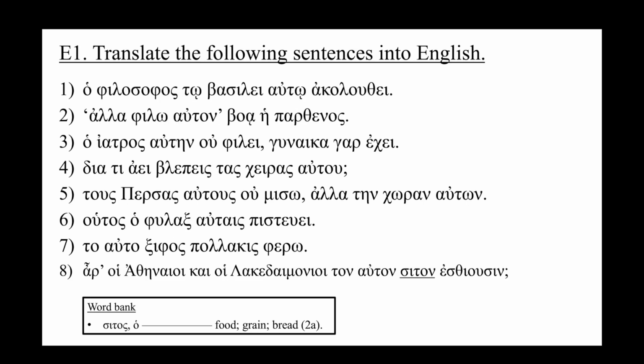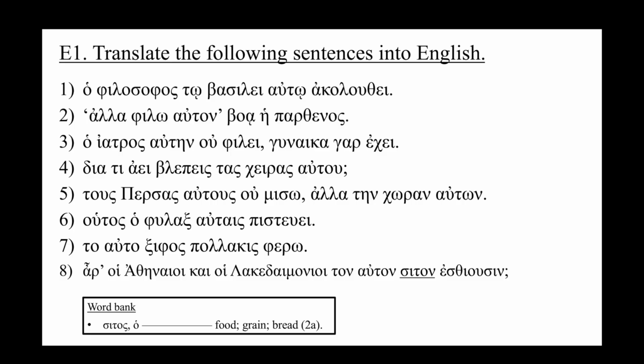Okay, I have created 8 Greek sentences for you to translate into English. The 8th sentence contains just one new noun, which I've glossed for you in the word bank. But you will now be able to translate these sentences with what I've taught you about αὐτός. Each of these sentences uses at least one form of αὐτός. One of the sentences actually uses αὐτός twice.